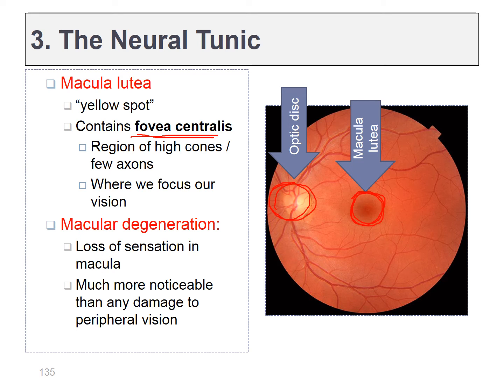Either way, this is where we focus our vision, on a tiny spot back in here called the fovea centralis. If this portion of the retina becomes damaged, this can cause a huge problem with vision. You're not going to be able to read any more than you would be able to read using your peripheral vision. That's because we focus everything right in this area.